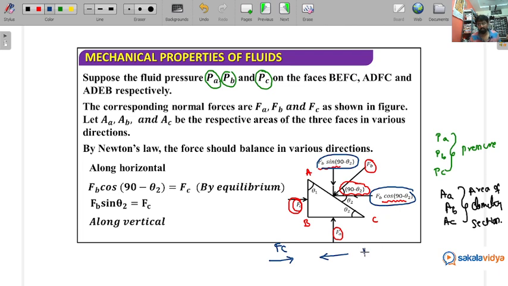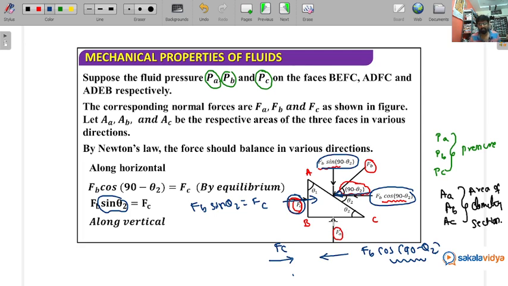In general, we use FB cos 90 minus theta, which is nothing but FB sin theta. So to balance FB sin theta, it is balanced by FC. This force is balanced by this force.